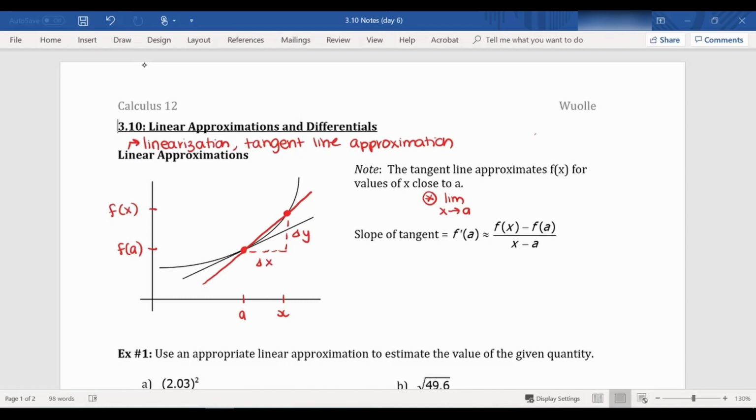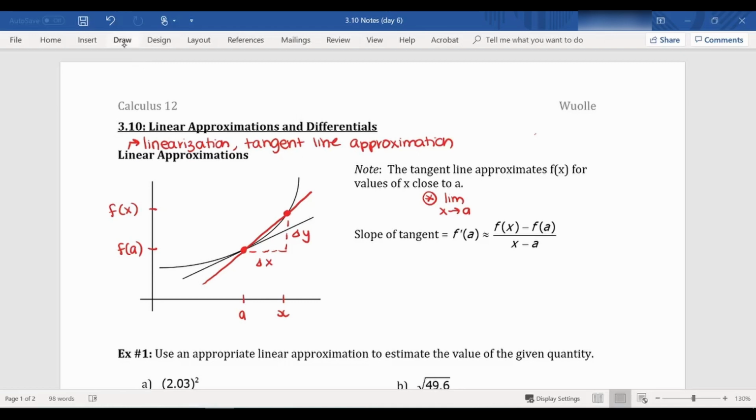So it's kind of like we're working backwards. Normally, we're trying to actually find the slope of the tangent. What we're saying is if we know the slope of the tangent line and we know the point of tangency, we can find f of x values nearby by using this approximation that is true.